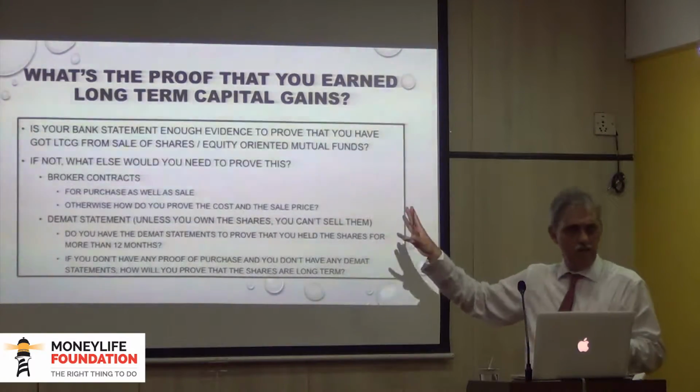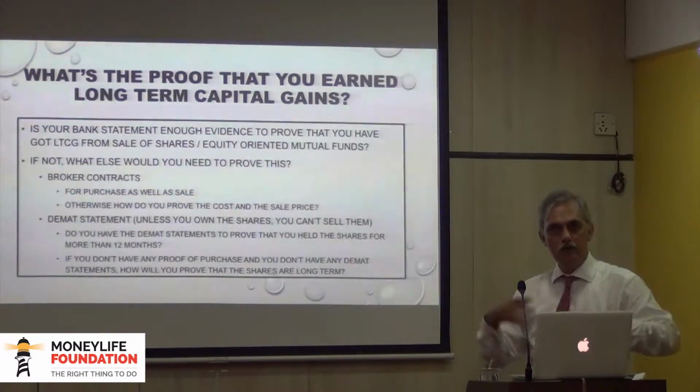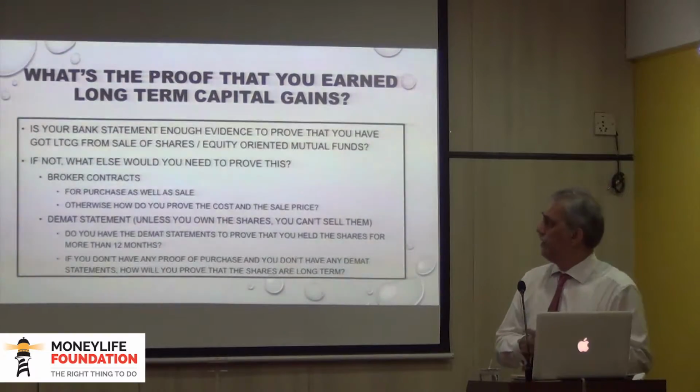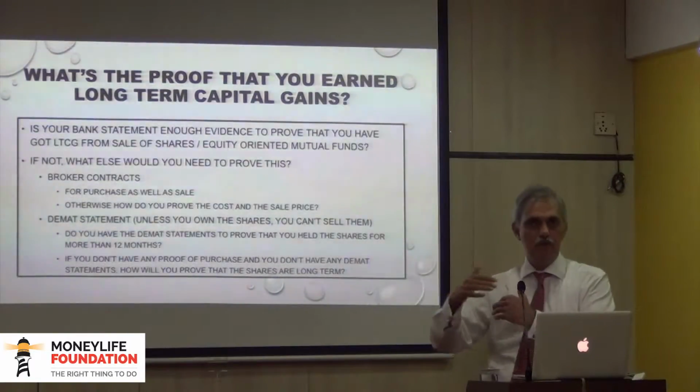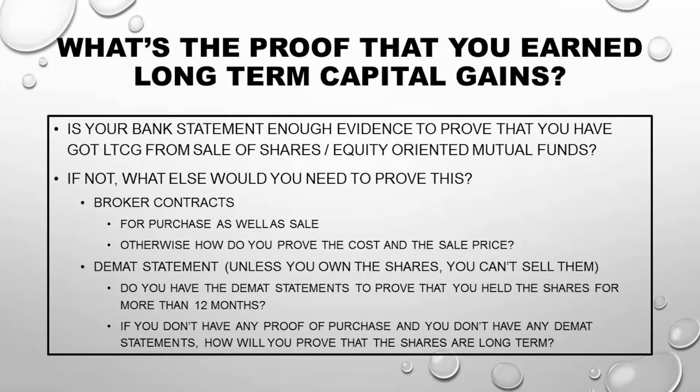So the question comes: would the bank statement be adequate to prove that you have long-term capital gains, that you have sold shares? The answer is clearly no. So what do you require? Obviously, the first choice would be the broker contracts for both purchase as well as sale. Many of us feel that I have sold long-term capital assets today, shares which I have held for many years, so it is exempt.